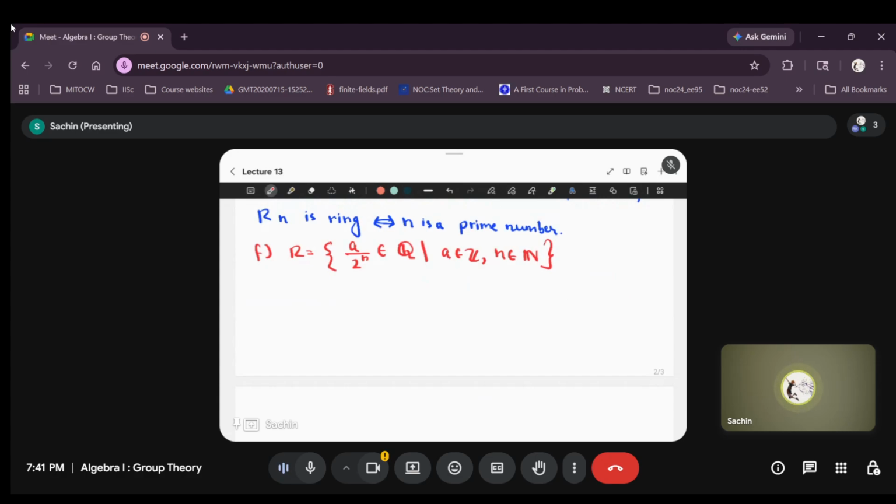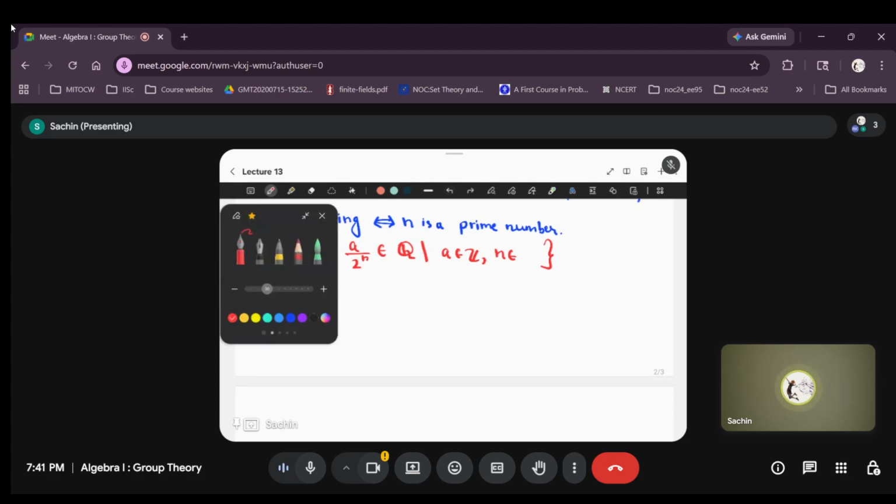And by natural, I mean 0 is included in it. Is that what you consider as natural numbers? Okay. Then I'll write this as Z plus.